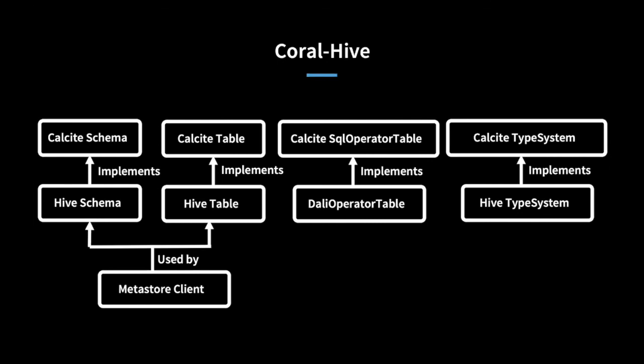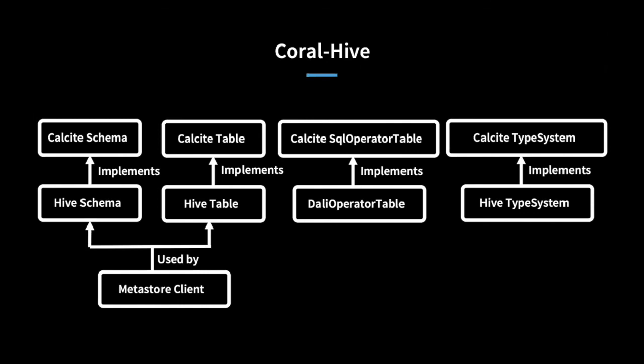These make our LinkedIn or Dali-specific views understandable by Calcite, and at the same time allow Calcite to connect to the metastore to extract the metadata of those tables and schemas, and make Calcite understand the Hive type system. Calcite exposes a number of APIs, such as Calcite schema and Calcite table, which can be implemented in a way that allows you to use a metastore client that you get from the engine.